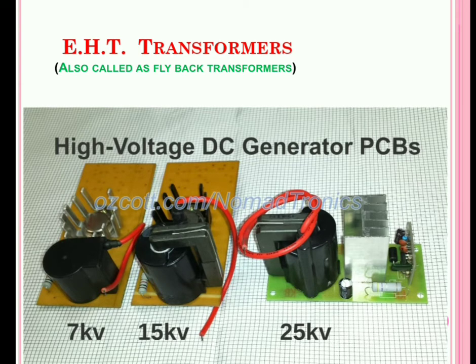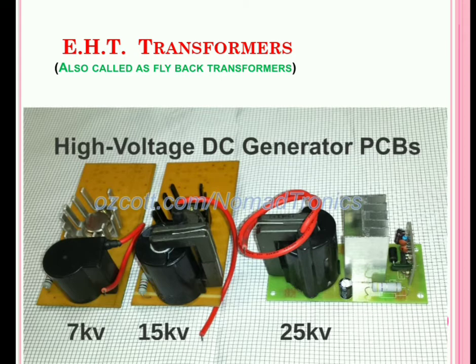Because the flyback time is 12 microseconds, the voltage is moving from plus V to 0. This pulse is used to induce a voltage using an inductance, where the voltage in an inductor is equal to L dI by dt.